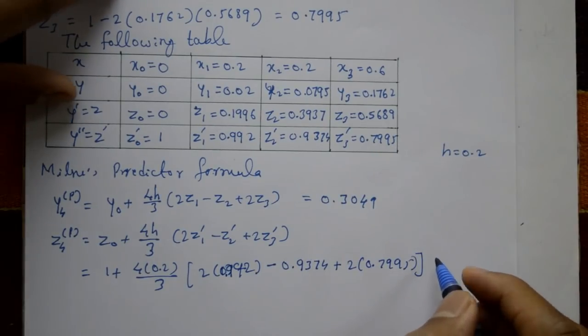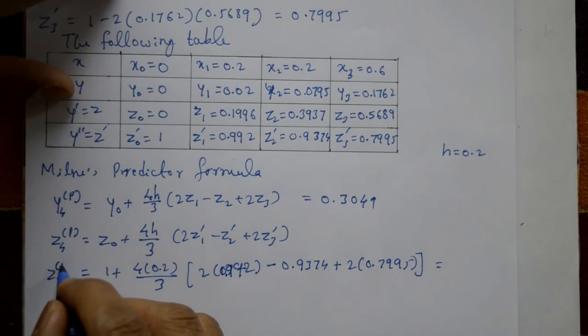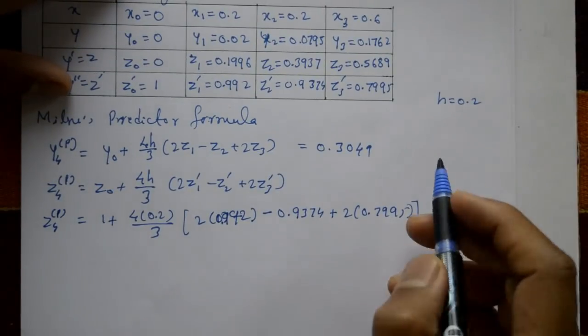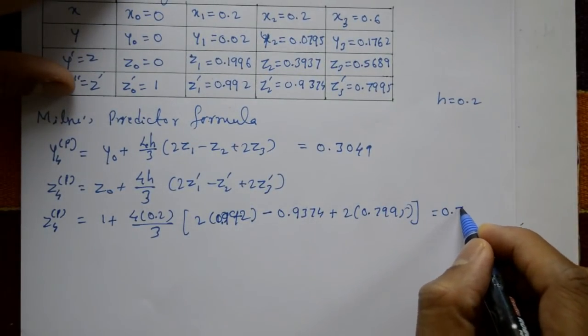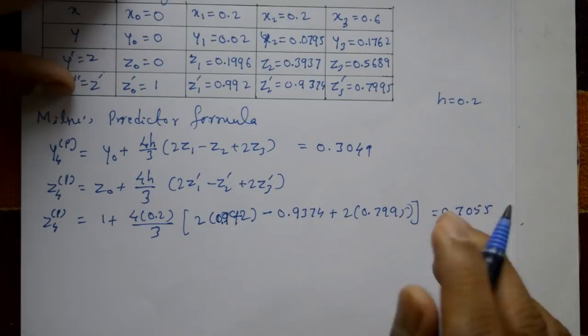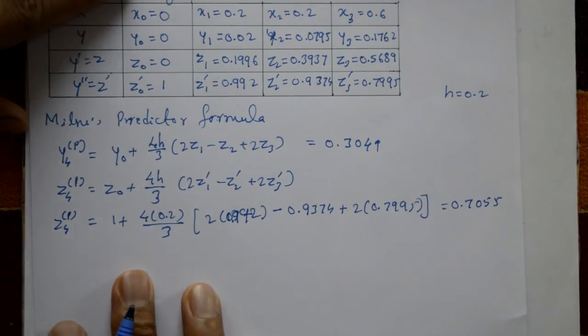This is equal to the z4 predictor value, 0.7055. This is the predictor formula.